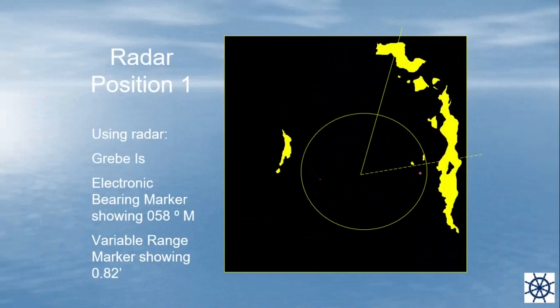We have first, from Grebe Island, electronic bearing marker showing 058, variable range marker 0.82. This is Gibby Island, our marker there, Gibby Island, 0.82.